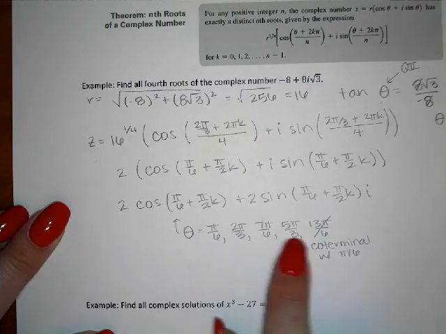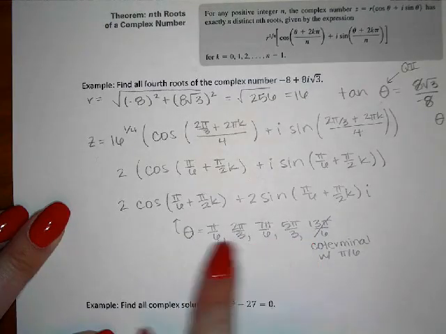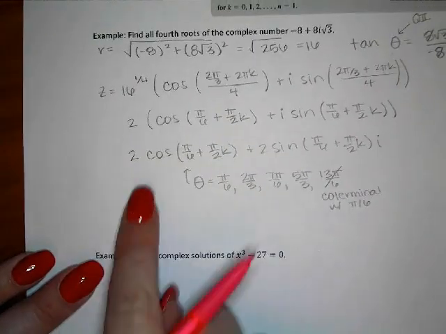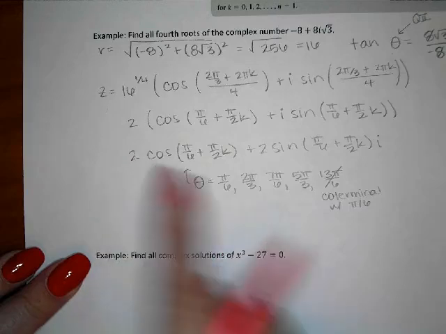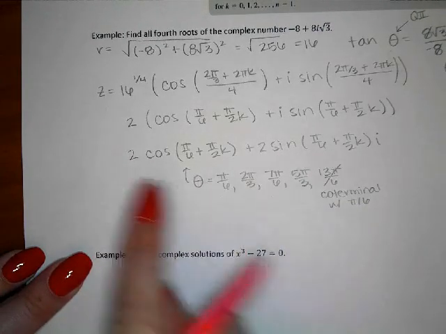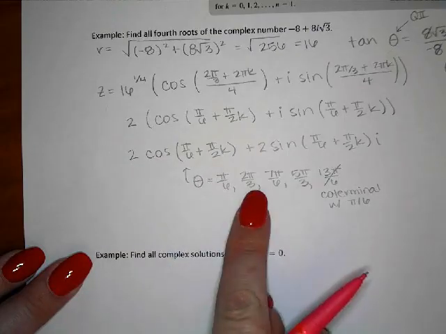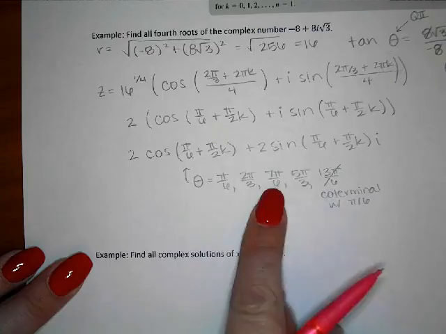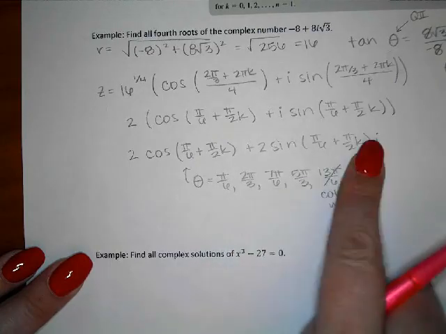Okay, so I'm going to go ahead and show my work for all of my answers. My first one is going to be 2 cos pi 6 plus 2 sine pi 6 i. That's my first one. My next one would be 2 cos 2 pi thirds plus 2 sine 2 pi thirds i, and then 2 cos 7 pi 6 plus 2 sine 7 pi 6 i, and then 2 cos 5 pi thirds plus 2 sine 5 pi thirds i.